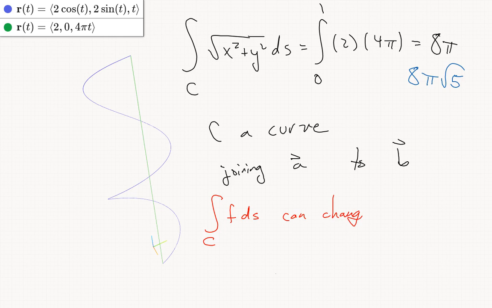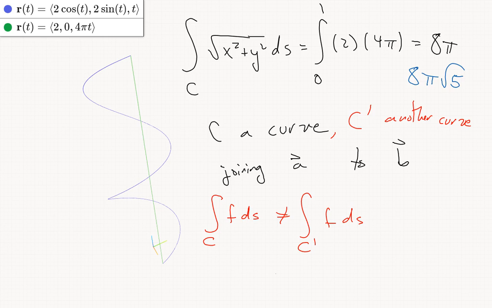Maybe I should say, in general, if we have a second curve, C prime, if we have two curves that go between the same points, the integral of f along them might not be the same.